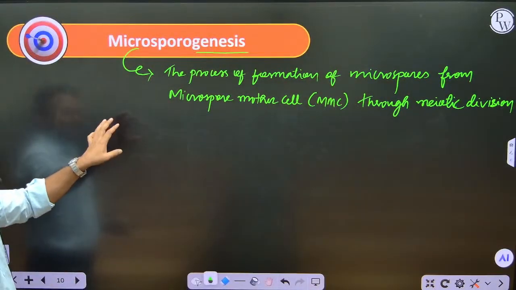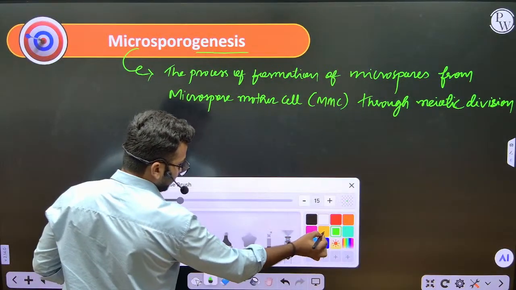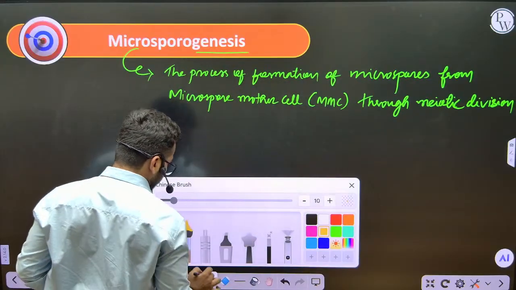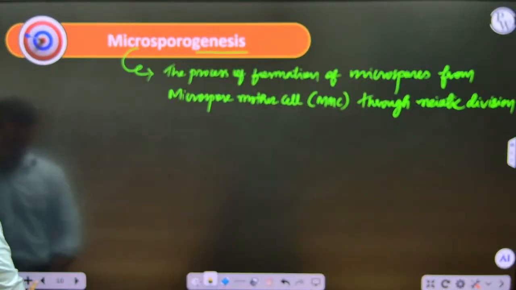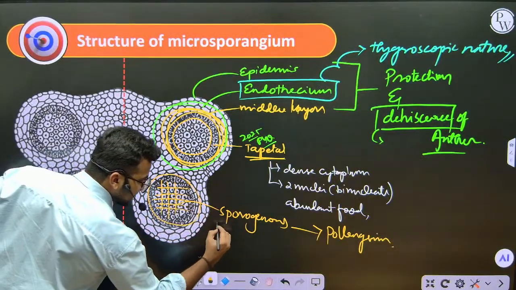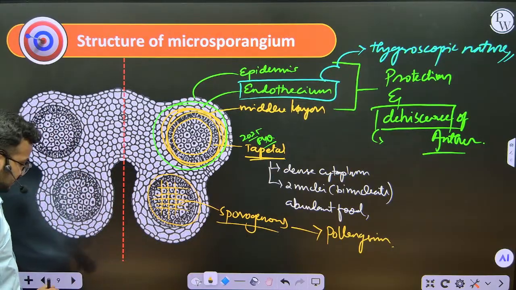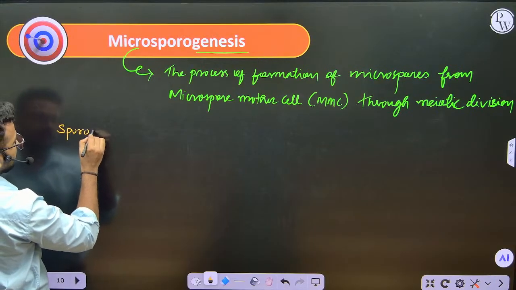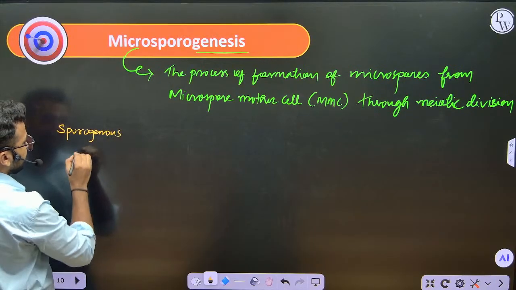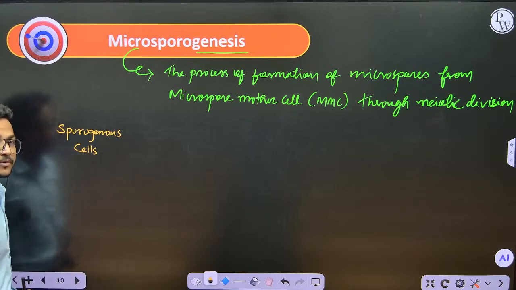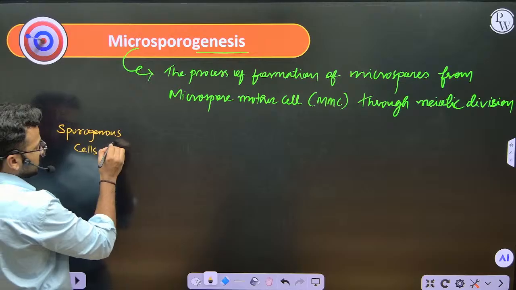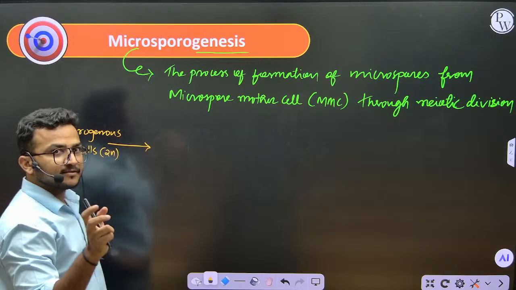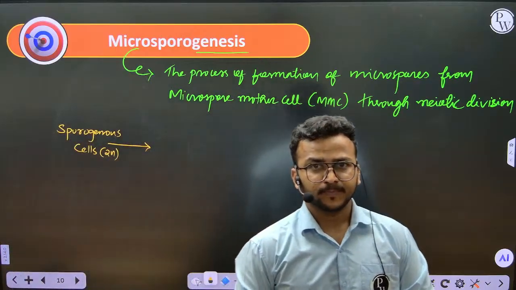Are you able to understand what I am telling? Before understanding these lines, I will explain in a simple way. In the last session, in this slide, we saw sporogenous cells or sporogenous tissue. These sporogenous cells are 2n, which means diploid.